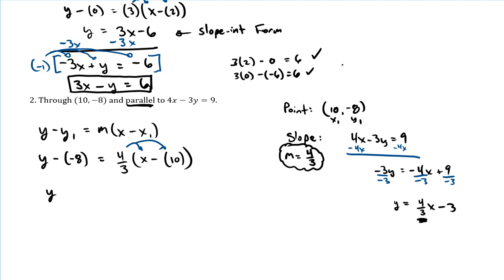Let's go ahead and do the double negative on the left side. So minus a negative is plus. 4/3 distributes. It would be 4/3 x. 4/3 times -10 is still minus. If we want to, I can just put a 1 there for help, and we can see 4 times 10 is 40. 3 times 1 is 3, and that does not reduce, so that's as good as that one gets. Okay, so this is what it looks like for now.